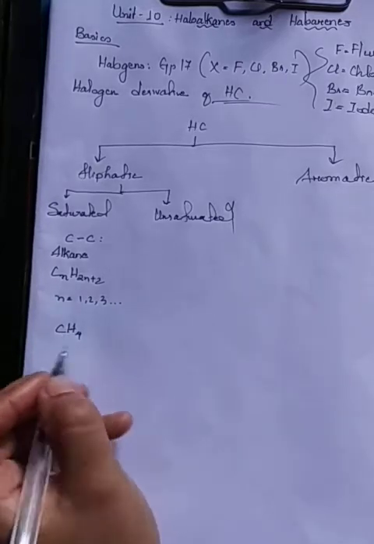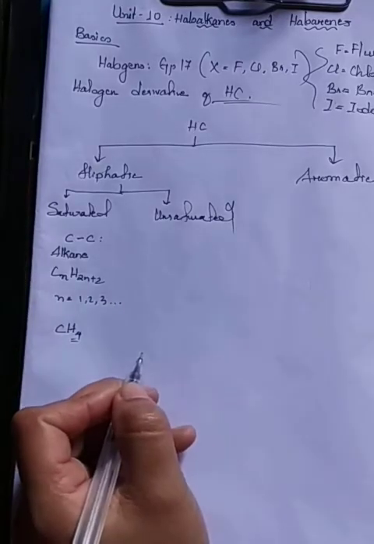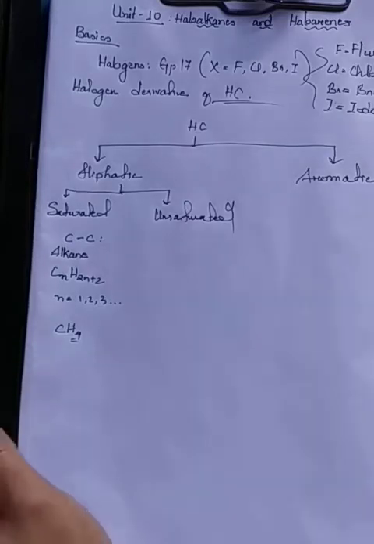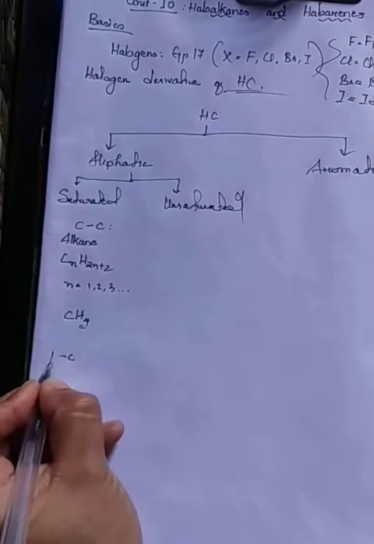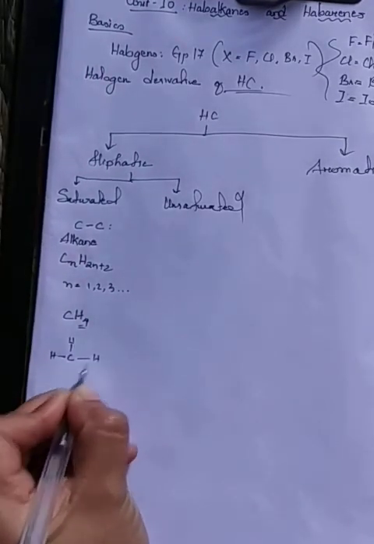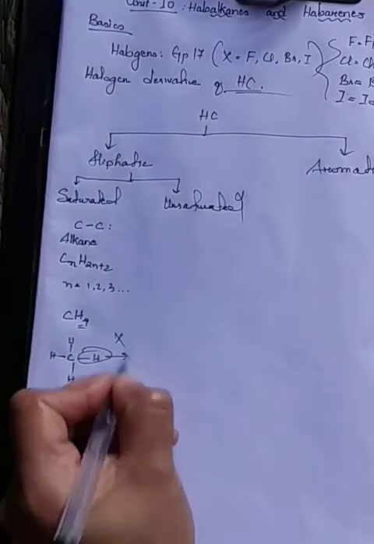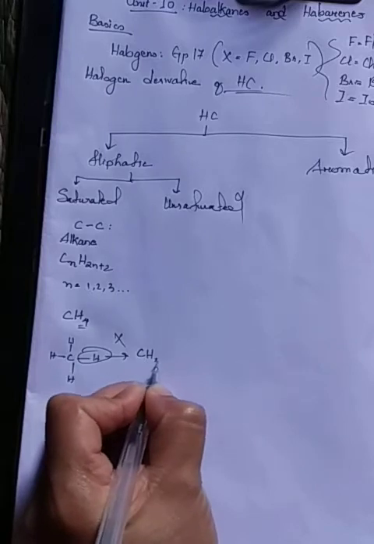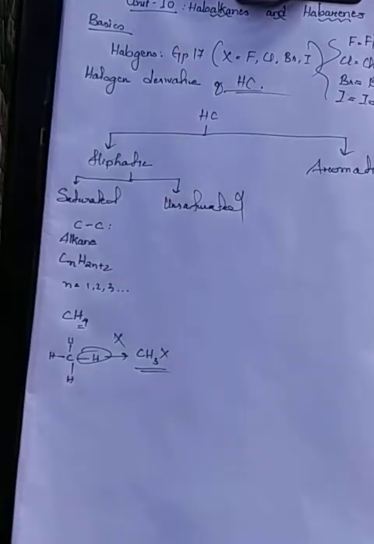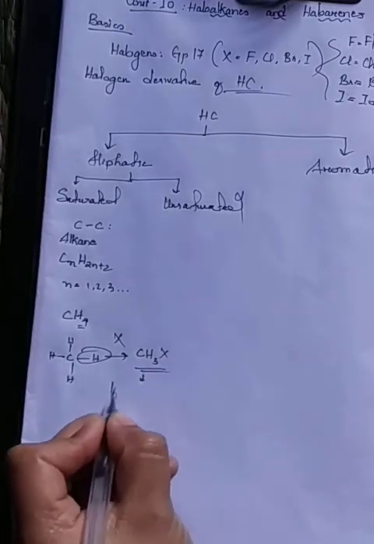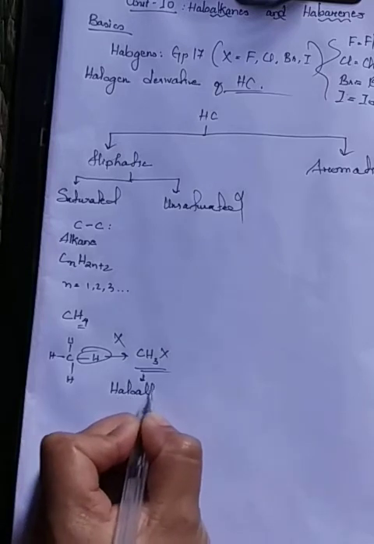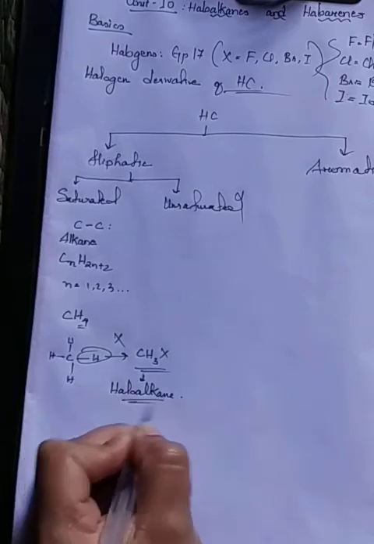In the CH4 molecule, if one of the hydrogen atoms is replaced by a halogen atom, we'll be getting CH3X. This product is known as haloalkane.